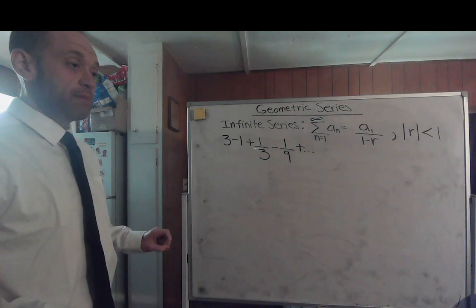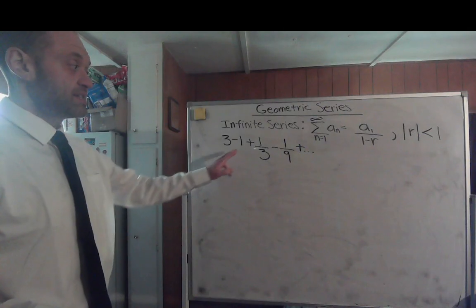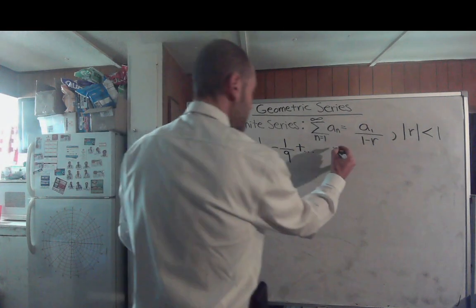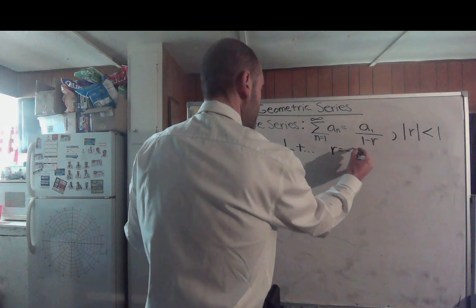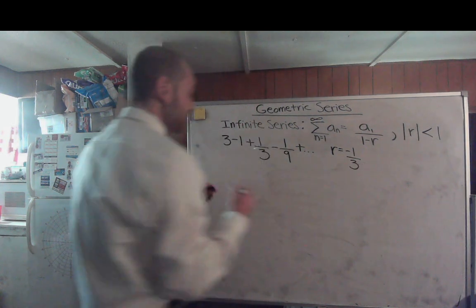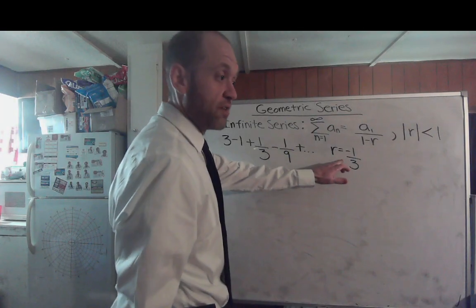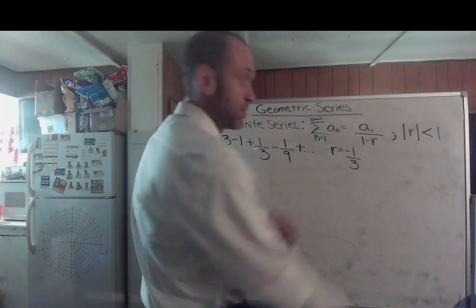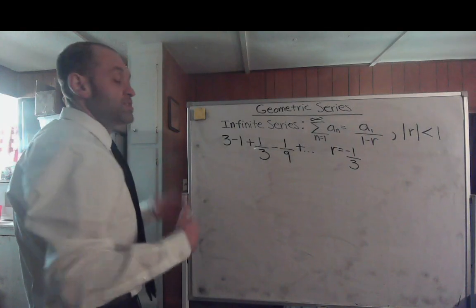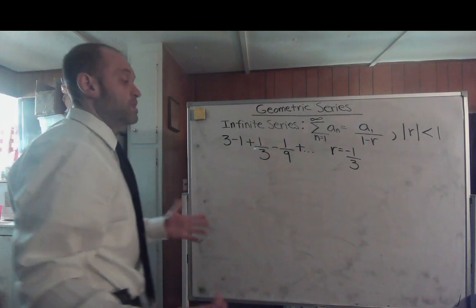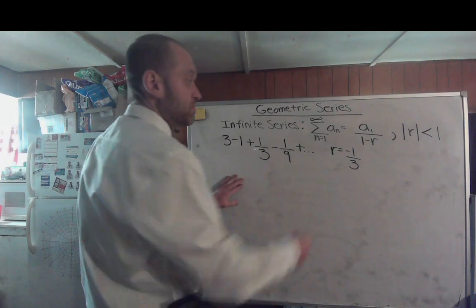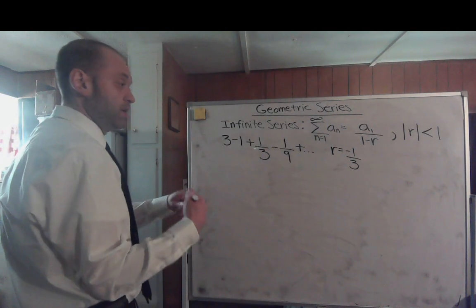What is our common ratio? It should be plain to see it's negative 1/3, right? The common ratio is negative 1/3. If I take the absolute value of negative 1/3, I just get 1/3, which is less than 1. So yes, we actually can evaluate this since the absolute value of this ratio is less than 1.